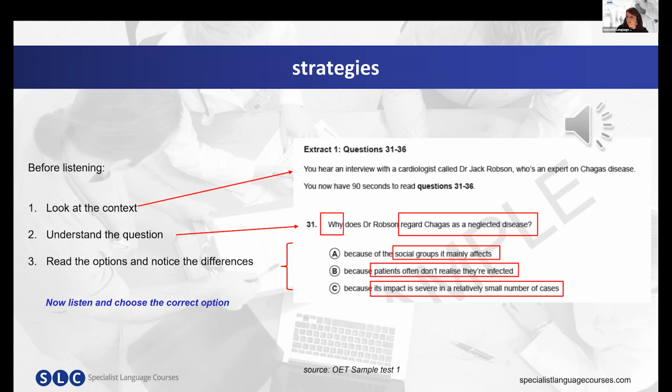Today we're talking to Dr. Jack Robson, a cardiologist and Chagas disease specialist in the USA. Dr. Robson, what is Chagas disease and why is it referred to as a neglected disease? Chagas is caused by a parasite called Trypanosoma cruzi. Most sufferers become infected when they're bitten by an insect, commonly known as the kissing bug, which carries the parasite. Right. People often don't realize they've been bitten, and during the initial phase of the infection, symptoms are normally mild or absent. Okay. 70% of those infected never develop complications.